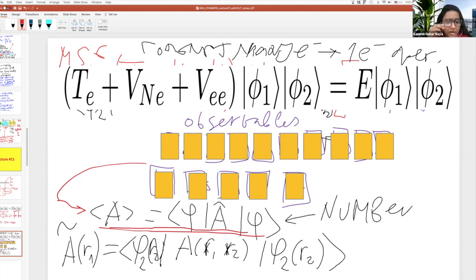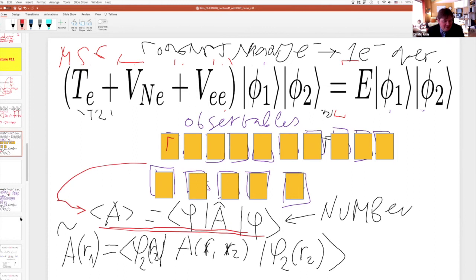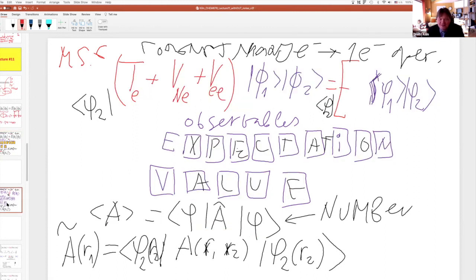Sarah? Expectation value. Yeah, okay. Thank you. This year the class is too strong, you gave the answer right away. Yes, expectation value. And generally, this is the definition of expectation value in one-electron quantum mechanics.